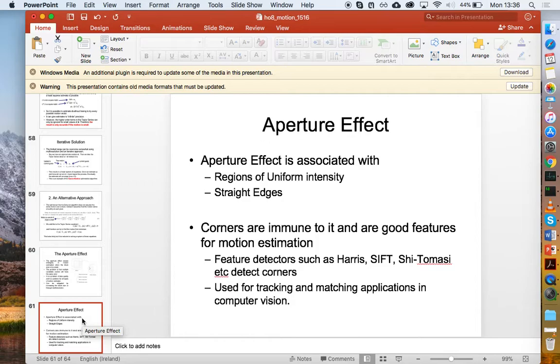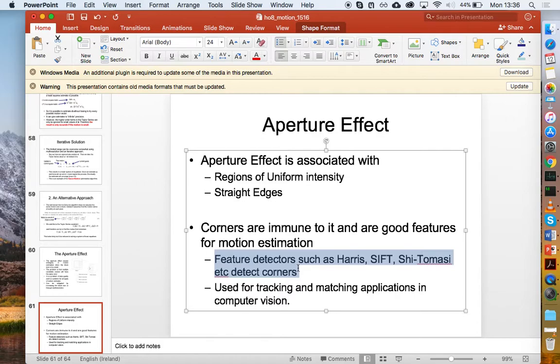Something to keep in mind here, I'll say that again: you can already do good work at corners. And therefore there's a huge amount of work done on detecting corners that are very good for tracking, very robust to all sorts of noise. Usually you have two ways of going about things.